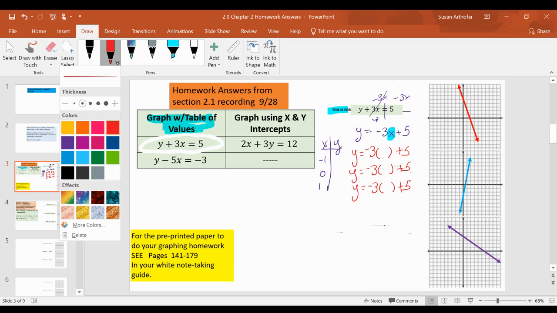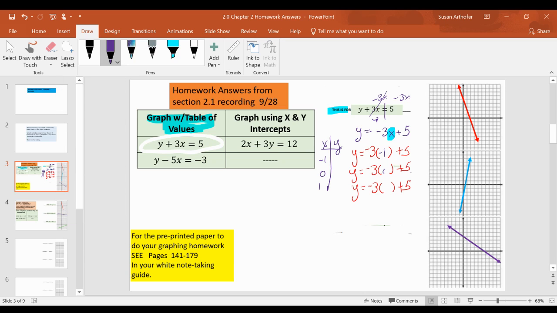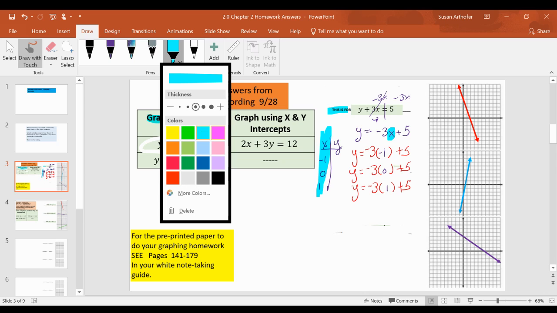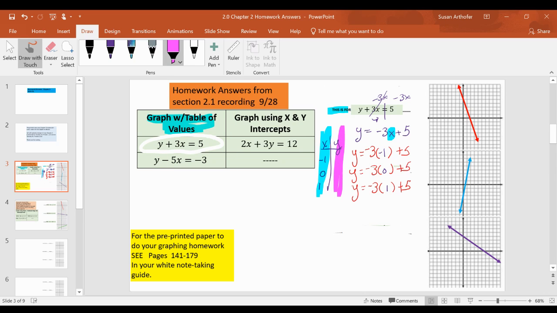And then if you plug in the numbers, so if you plug in a -1, a 0, and a 1, all from right here, you'll get the answer for the y value to put in right here. Okay, so the first one would be -3 times -1 is a positive 3, plus 5 would be 8.